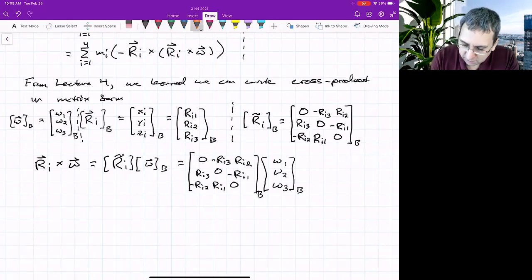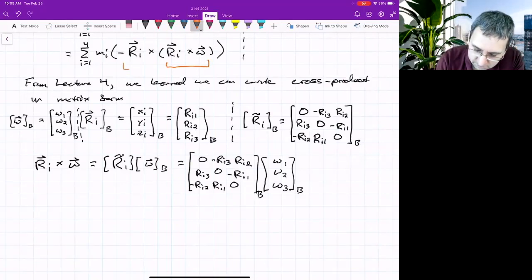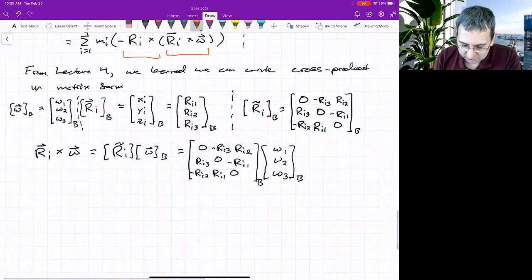The main thing we're going to focus on here is that we can write this first piece using this matrix multiplication way. We could also write the second piece that way, because we've got a cross product of a cross product.